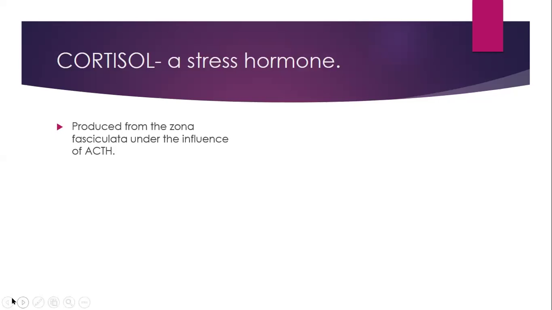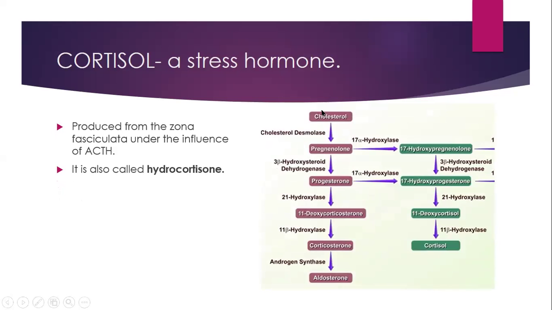So cortisol is a stress hormone usually produced from the zona fasciculata under the influence of ACTH. It's also called hydrocortisone, so they are synonymous. This pathway explains what happens for us to form cortisol. We talked about this pathway, but you can see that these products can be channeled into the second pathway.